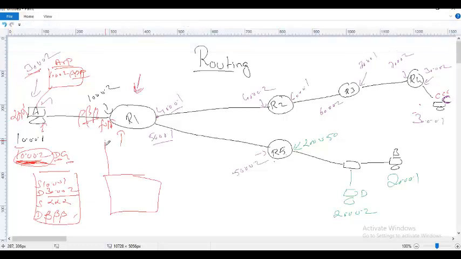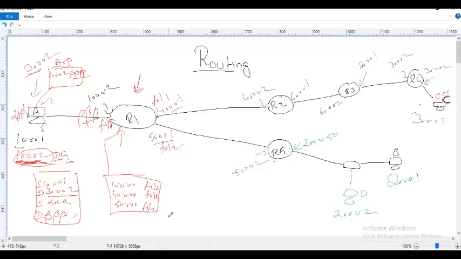But in this routing table, you got three interfaces, where 10 is connected on F00, 40 is connected on F01, and 50 is connected on F02.